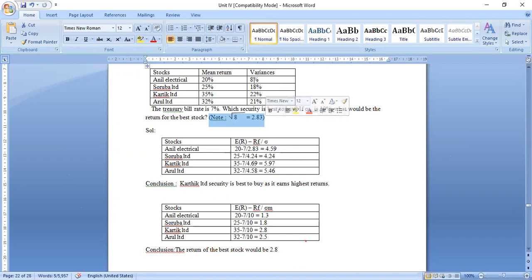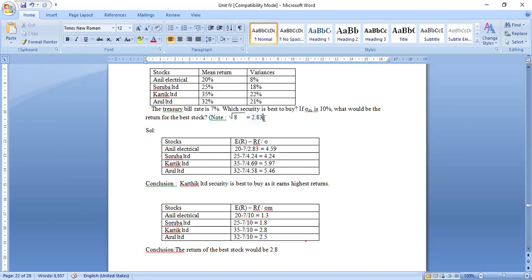That is, root of 8 is 2.83. In the same way, we have to calculate root of 18, root of 22, and root of 21, because we need to calculate the standard deviation. So for the first stock, Anil Electricals, the expected or mean return is 20, and the risk-free rate of return is 7, divided by the standard deviation.